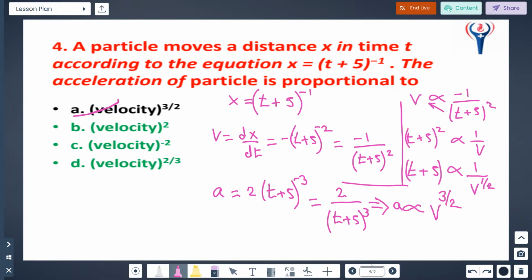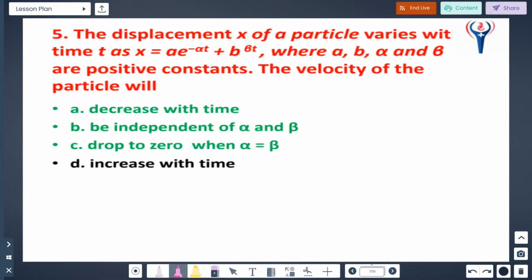Let's move to question number 5. The displacement x of a particle varies with time t as x = a e^(-αt) + b e^(βt), where a, b, alpha, beta are positive constants. The velocity of the particle will be what?